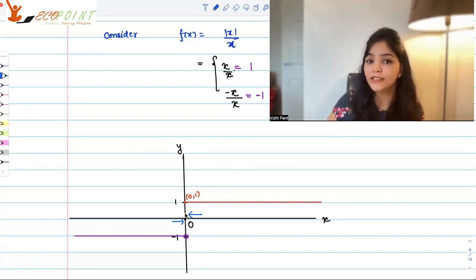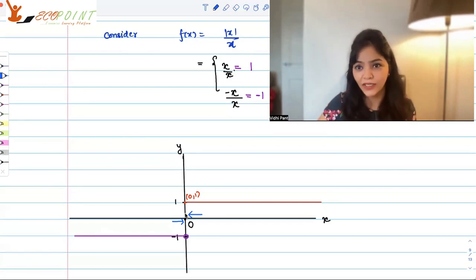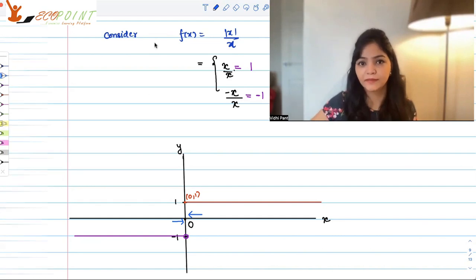If you visualize this function from the right side of 0, the look of the function is something else. So you have two different values where this function is going around the same point 0, on the left and right. Okay, that's the concept of one-sided limits.